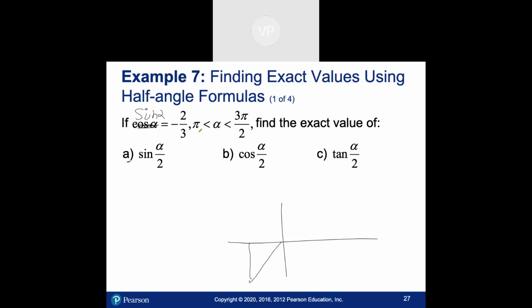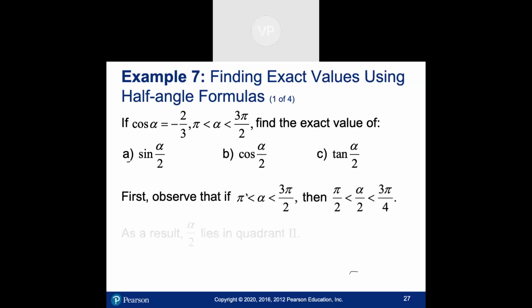That's the case where you'd have to draw the triangle and plug in the negative 2/3, get whatever this is, what do we say is root 5. Now you can get cosine. So depending on what they give you, if they give you the cosine of alpha, then you're good to go. But if they give you anything else, you have to spend an extra step to get the cosine of alpha. And then it's just a matter of plugging in the formula. You see why I don't need people to memorize these formulas. It's more important that you can do the steps leading up to it. Can you plug it in correctly and get the answer?